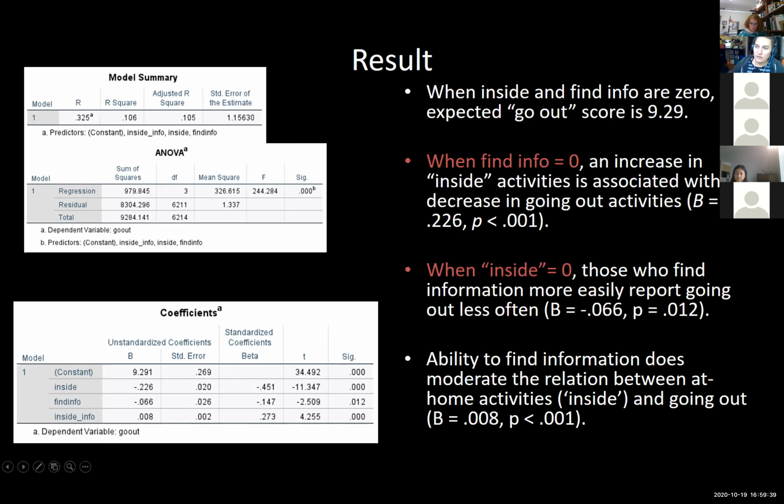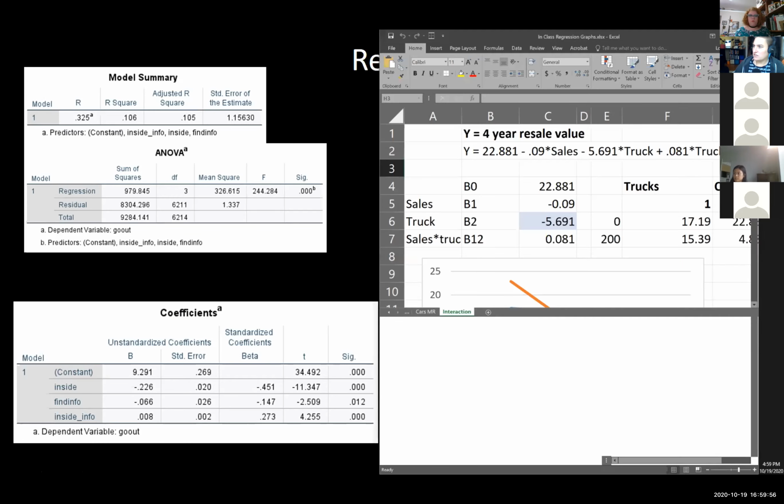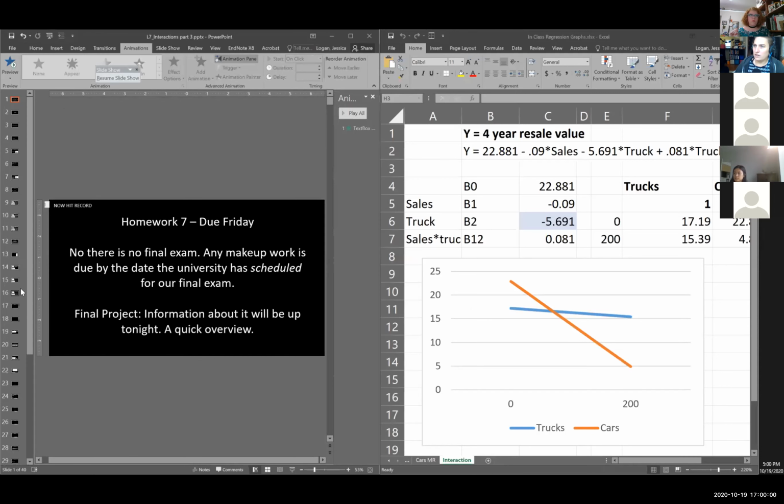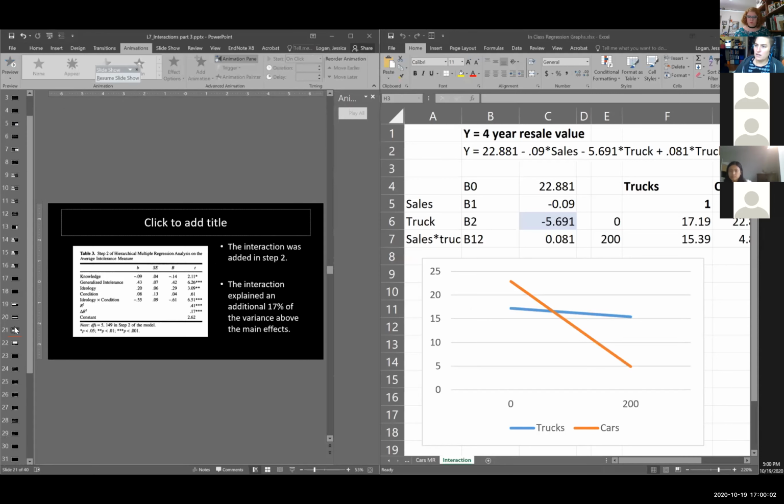So if you will pull up an Excel sheet yourself. I don't want to cover this up. If you will pull up an Excel sheet. Oh man, we lost our spot.